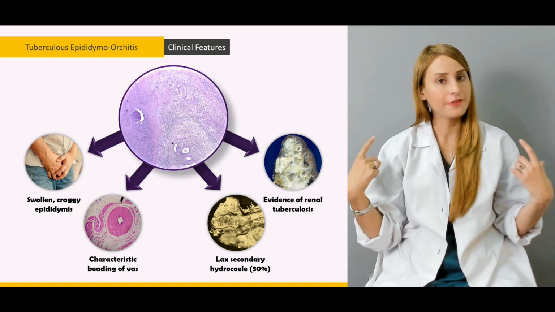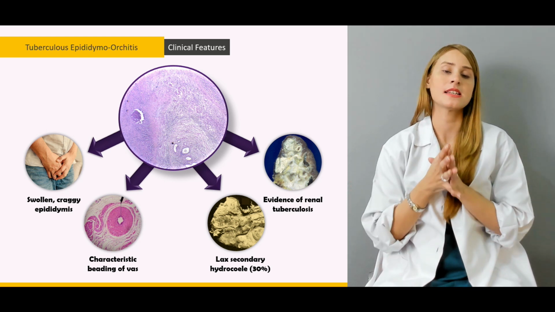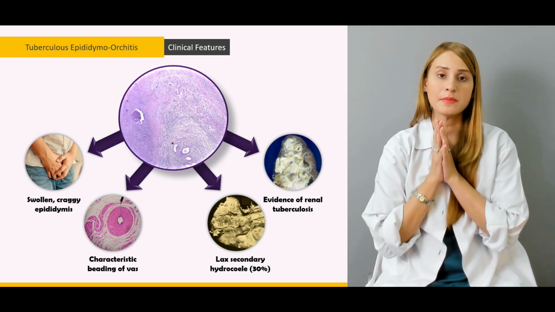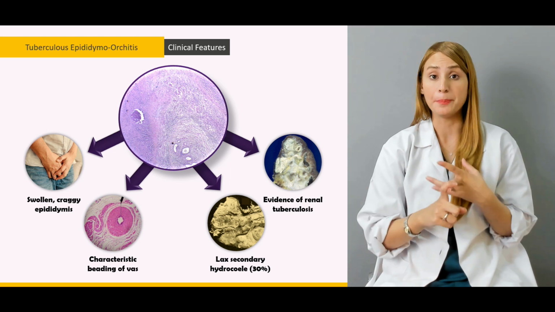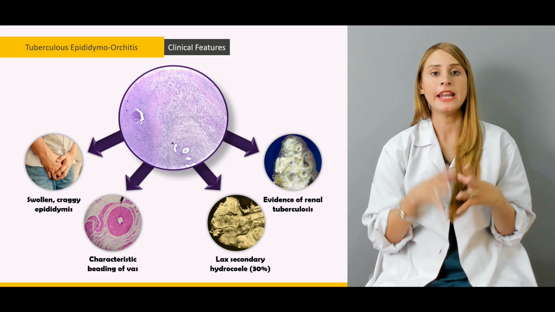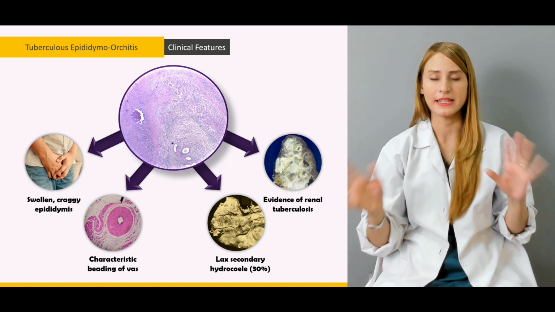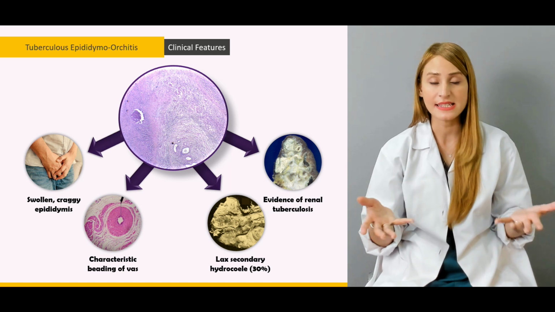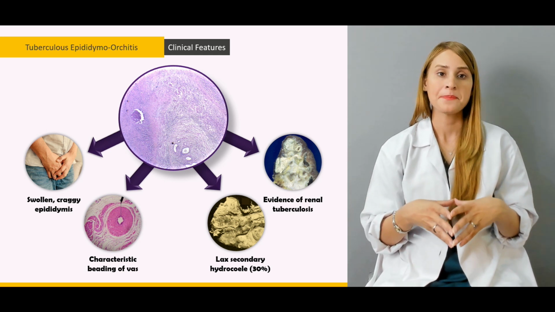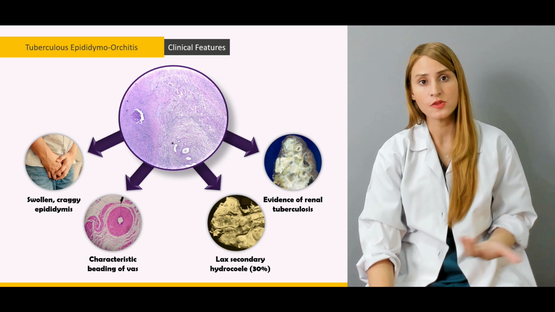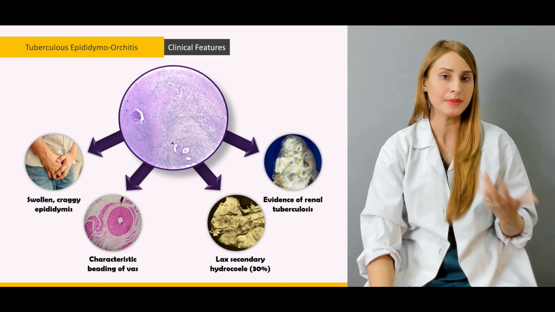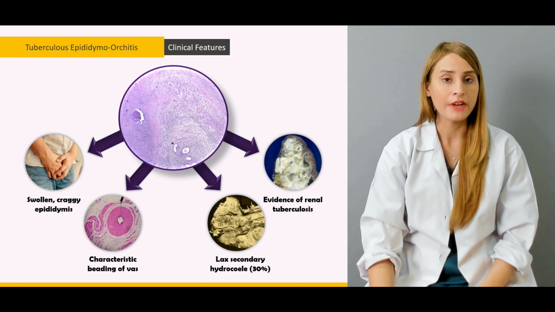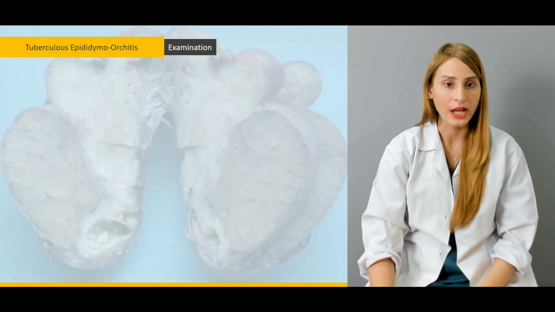So if you are talking about the tuberculous epididymo-orchitis, you have to keep in mind the clinical features, including the swollen craggy epididymis. There would be beading of the vas deferens, and it will be accompanied in about 30% of the cases by a secondary hydrocele, and there would be evidence of tuberculosis elsewhere, like pulmonary TB, abdominal TB, or renal tuberculosis as well.